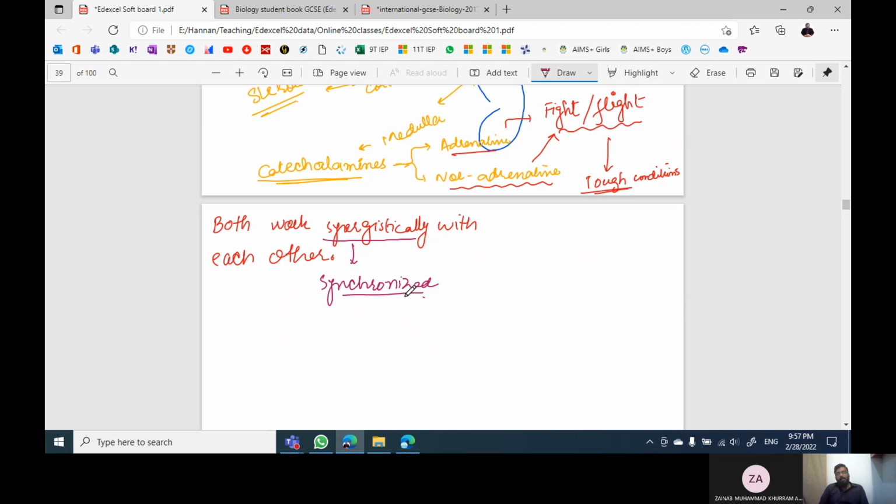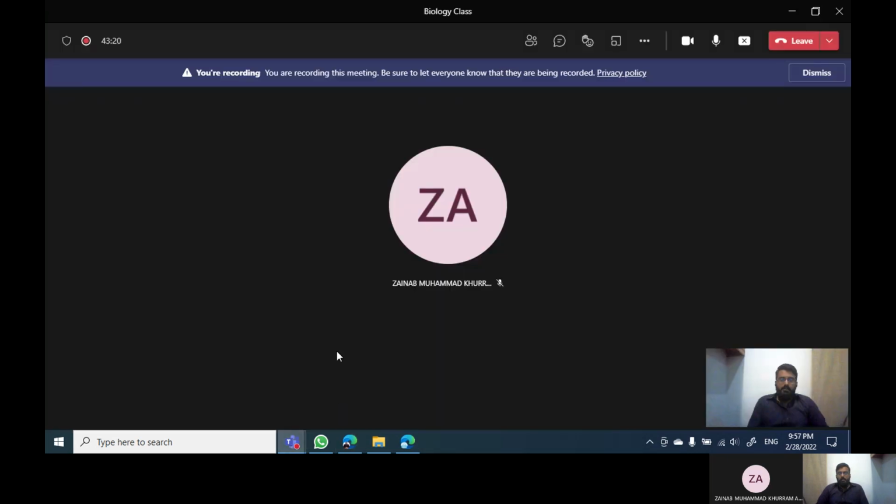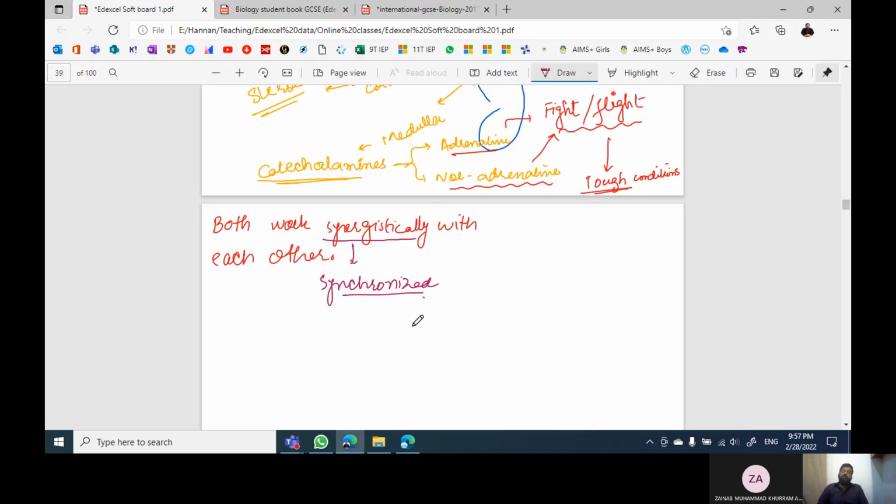Synchronized working. Actually, there are two terms. One is antagonistic, when one hormone antagonizes the other. This is antagonistic working. And the other one is synergistic, when one hormone supports the other for the same process. These both work synergistically.